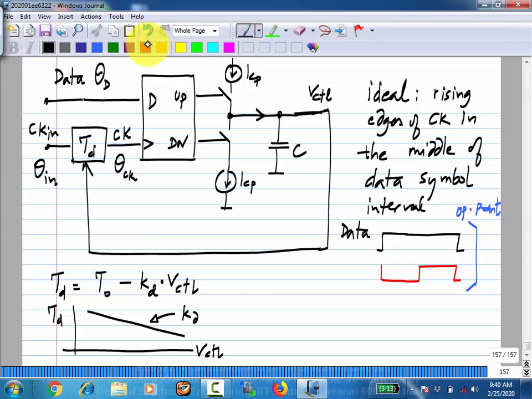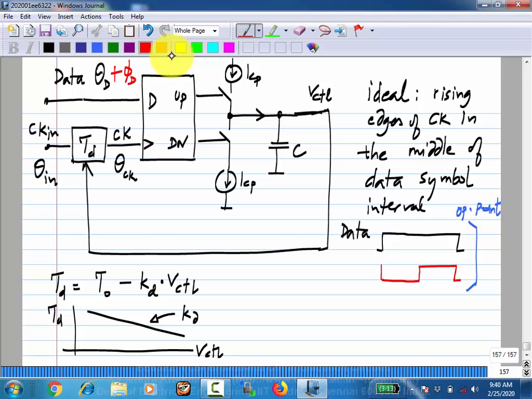Now, for analysis, I'll assume that the transition positions of the data deviate from the ideal ones. That is, it has some jitter. The data should have transitions at some instants, but it can move back and forth because of some noise in the transmitter or whatever.